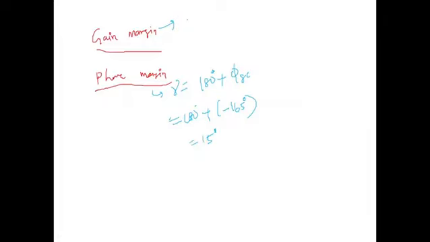If you want to find the gain margin GM, you have to find 1 divided by the value of G of j omega at that particular frequency, that is the gain crossover frequency. That is 1 divided by 0.7. You have to find it and you will be fine. So 1 divided by 0.7 is 1.42.